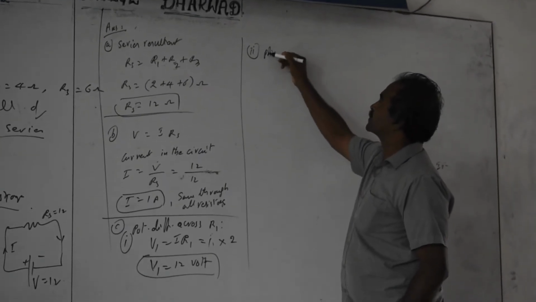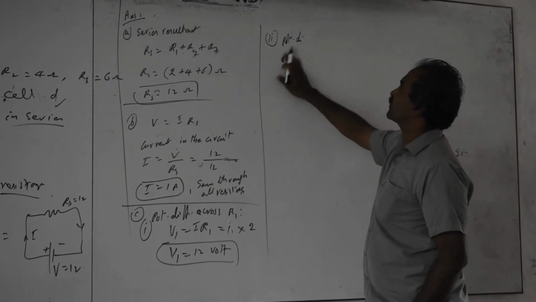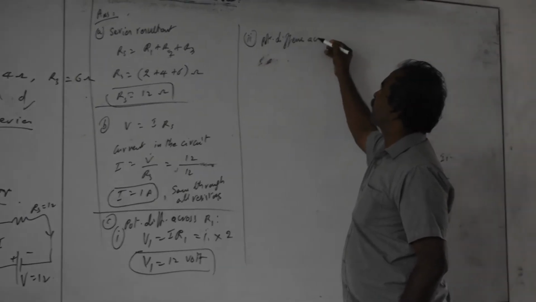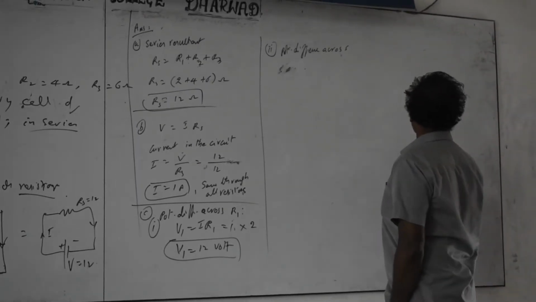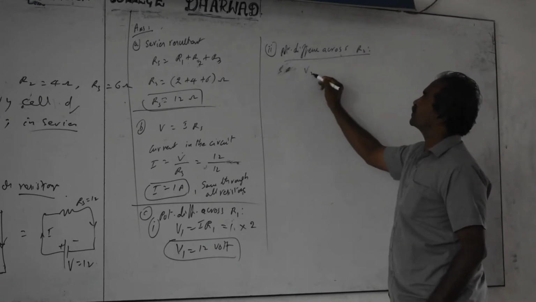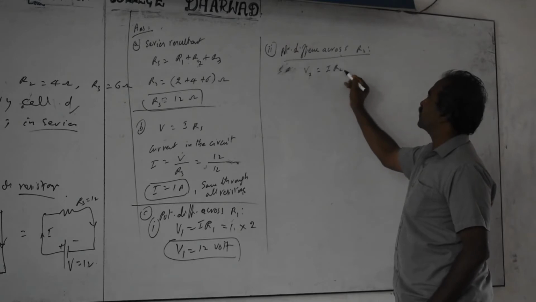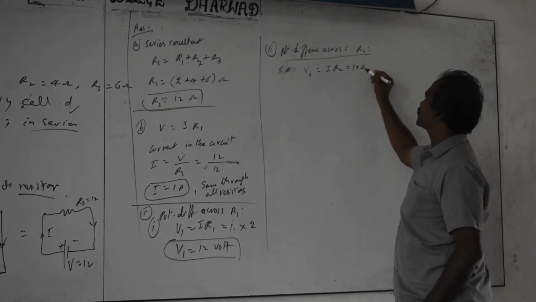Potential difference can sometimes be written simply as P.D. The potential difference across R2: V2 is equal to I into R2. I is 1 ampere into R2 is 4 ohms.